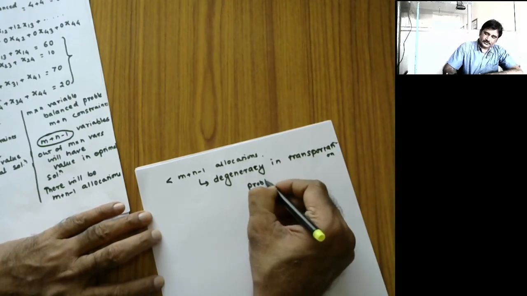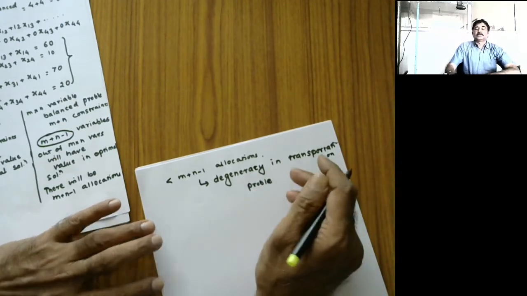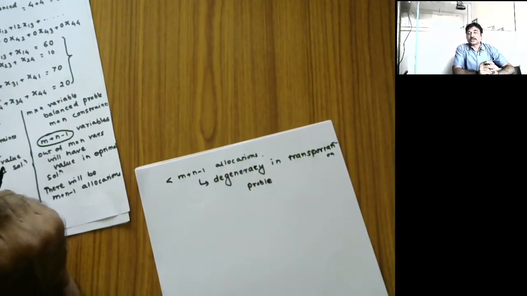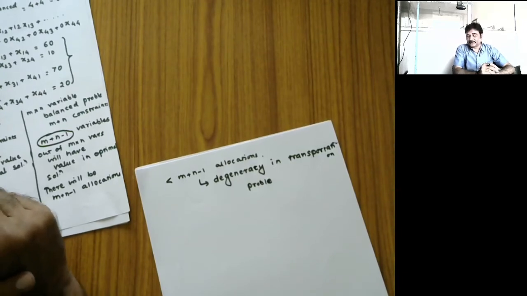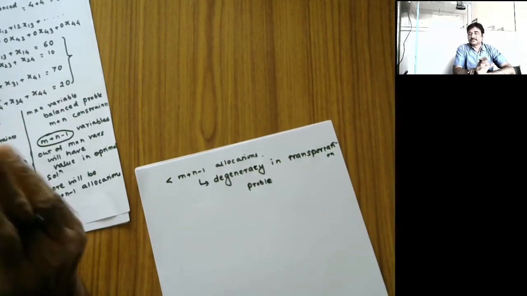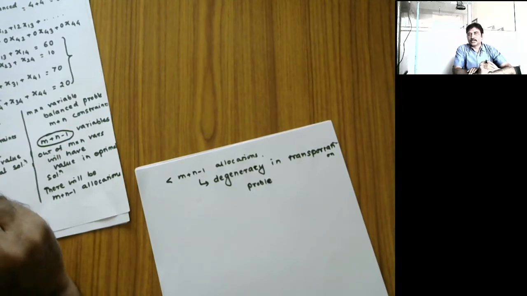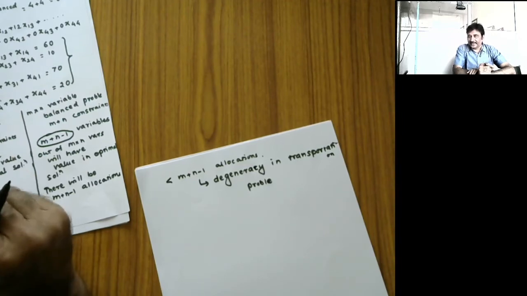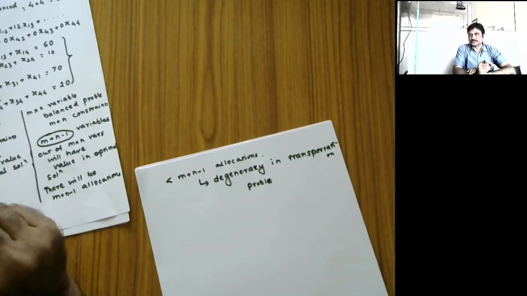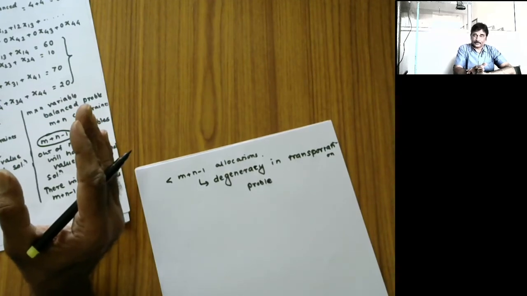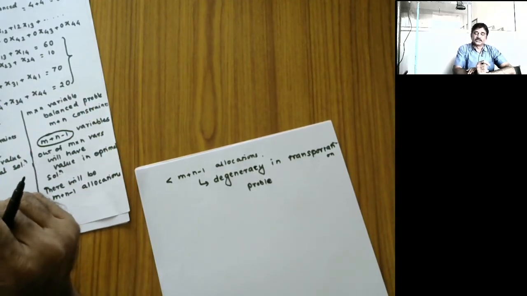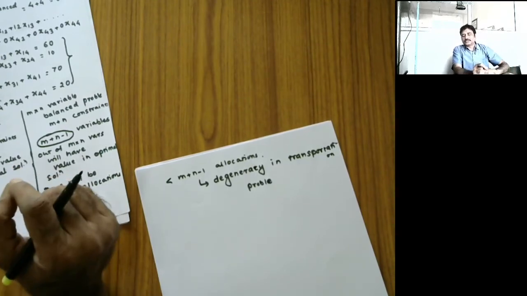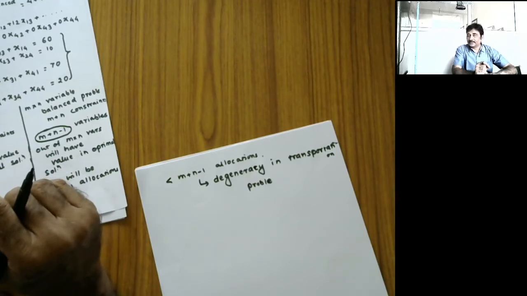Normally there must be m plus n minus 1 allocations. If you get fewer allocations than m plus n minus 1, that is referred to as degeneracy, meaning the allocations have reduced. But you won't allow degeneracy to be there. You will fill up some allocations from your side, to make the total of allocations equal to m plus n minus 1. The total count of allocations must be equal to m plus n minus 1.